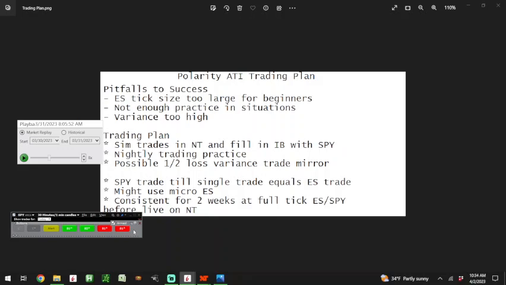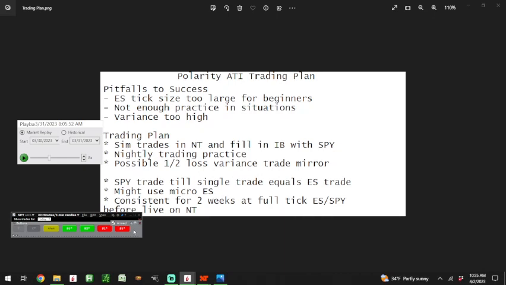I want to be consistent for at least 2 weeks at near a full tick ES size, using SPY and a micro ES. I think that's important. You don't want to jump from making $20 per trade to, you know what, I'm just going to go full ES at the moment and it'll be $200. That's a little bit too big of a jump. Okay, so that's my trading plan.